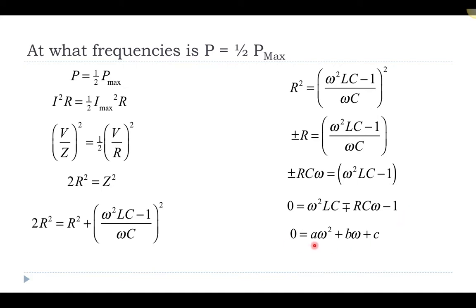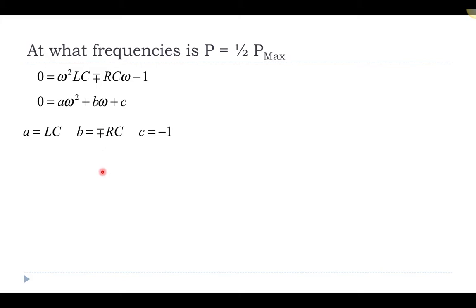So this looks like 0 is equal to ax squared plus bx plus c, right? But instead of x, we have the angular frequency. So in my expression, my A value is LC, my B value is minus plus RC, and then my C value is minus 1.